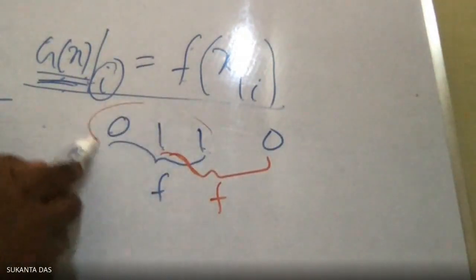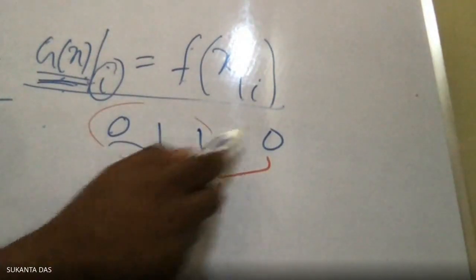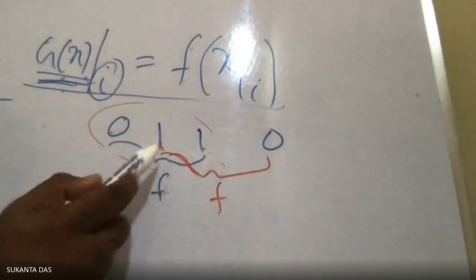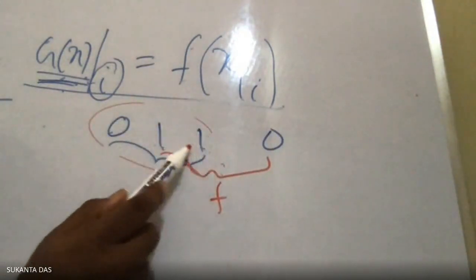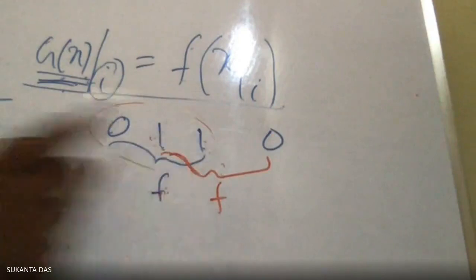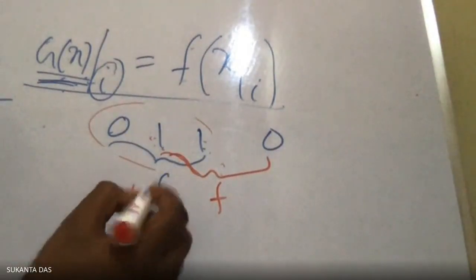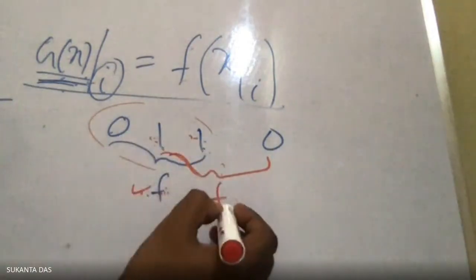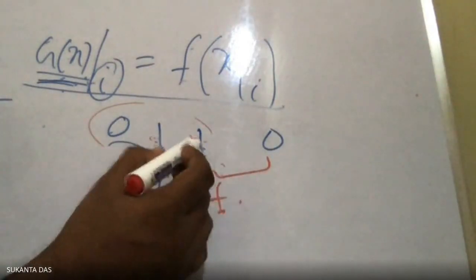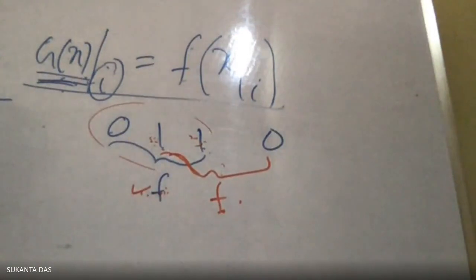This is the domain of the left side f, and this is the domain of the right side f. These consecutive ones have overlapped. For this f, it is taking these two ones, and for the right side f, another two ones it's taking. So this kind of overlapping makes the situation complicated, and that's a challenging one in the case of parallel mapping.